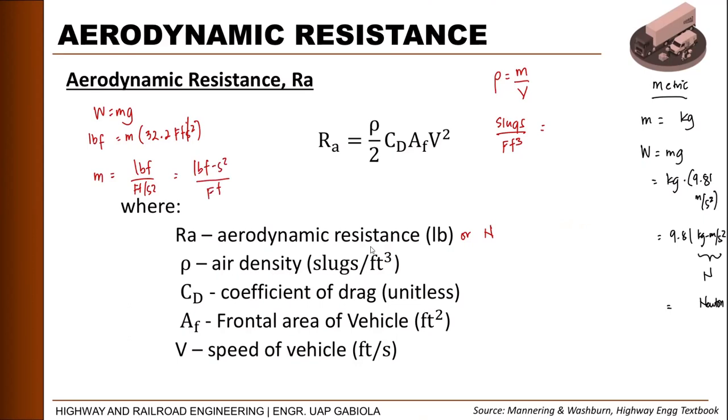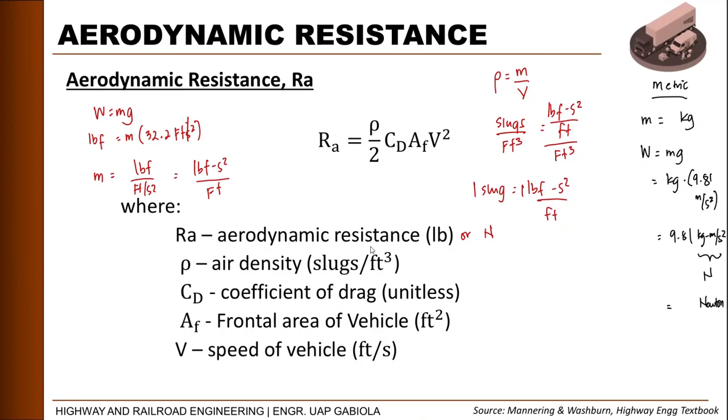Okay? So, pag nilagay natin dito sa formula natin ng density, we have pound force second square over feet. Yan yung ating mass over feet cube. Ibig sabihin, yung one slug natin is equal sa pound force second squared over foot. Yun yung equivalent niyang unit sa kanya.